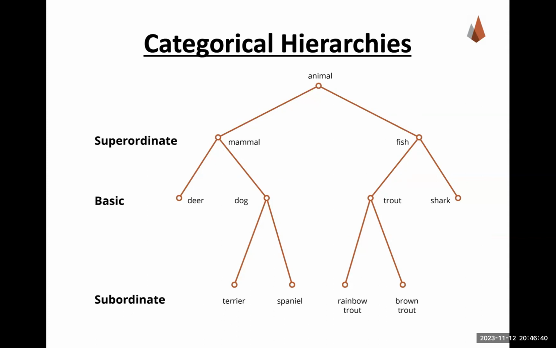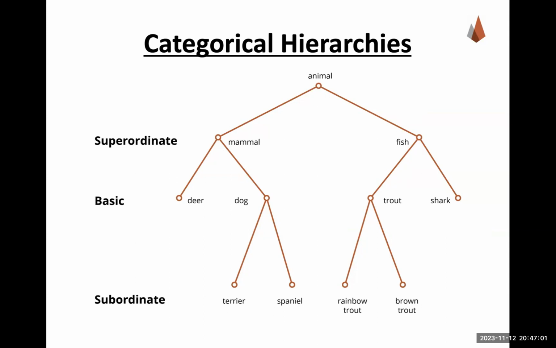So not too small, northern brown bear, not too big, an animal, just right, a bear. The simplest way to identify an object's basic level category is to discover how it would be labeled in a neutral situation.